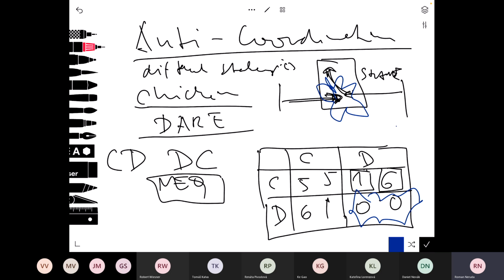and it's also the social welfare, right? Because it's 7 versus... no. The social welfare is CC, 5-5. CC is the social welfare.